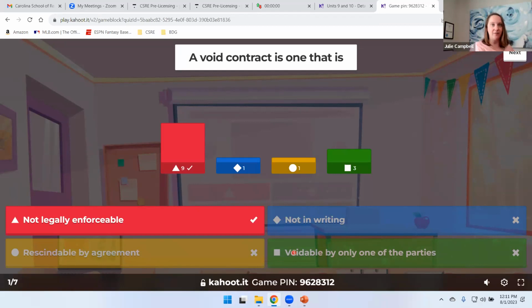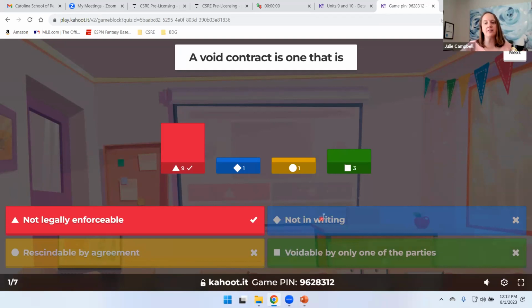It has all the essential elements, but it can become voidable because how many of the parties has the right to take it to the judge? Voidable. How many parties? Just and only one. One party has the right to take this to the judge and say, I shouldn't be expected to carry through with the terms of this contract. You can't force me. Examples we gave of who that one person could be that could make it voidable could be the minor, somebody that was under the influence, somebody that was under duress, under undue influence.